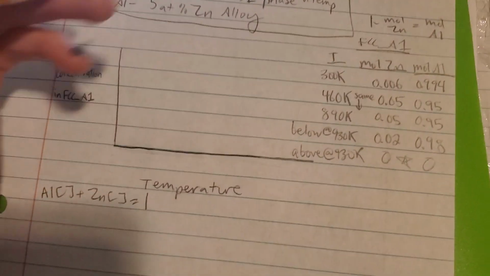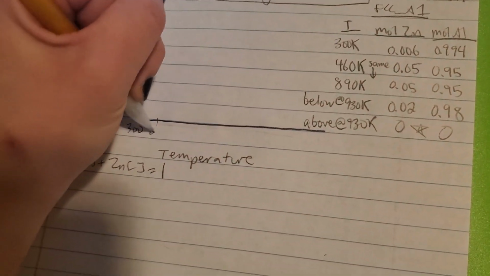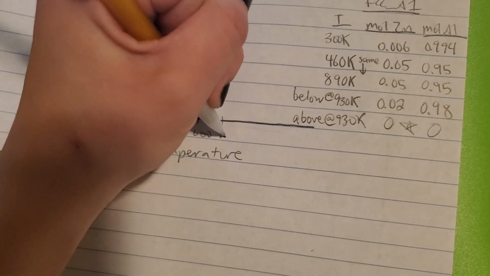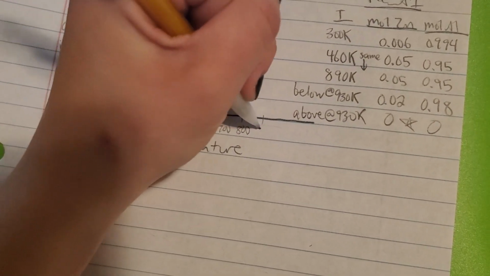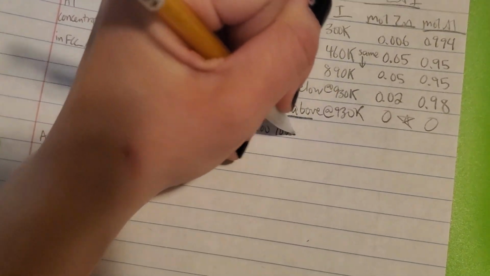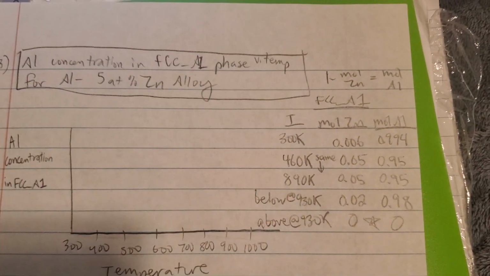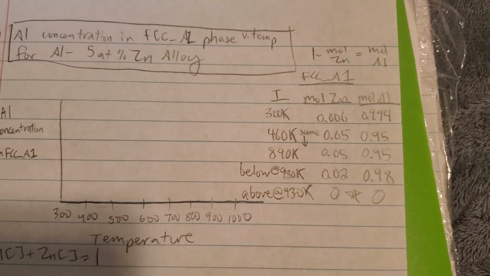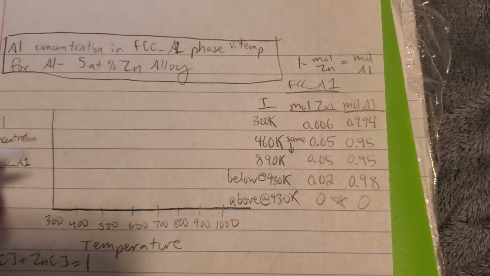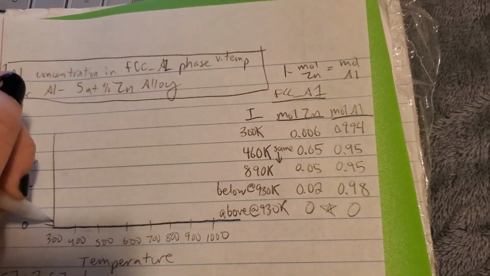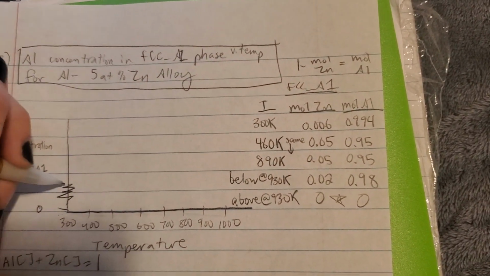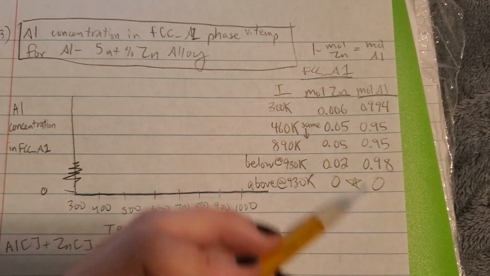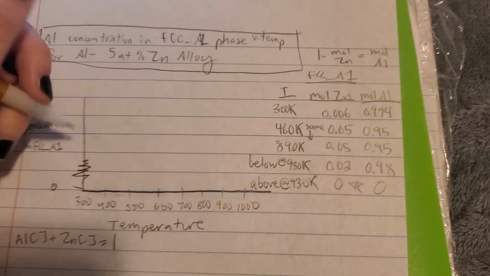So we'll do the x-axis region, do the labels, and the y-axis, we're going to look at the aluminum column over here. So I'm just going to put 0 here, and then a little squiggle bar, just because most of our values here are above 0.9, but we still have the 0 here.